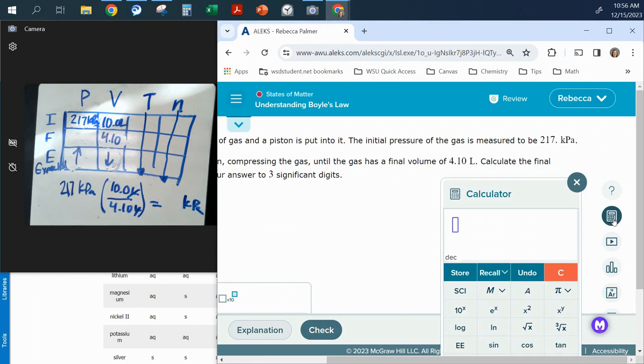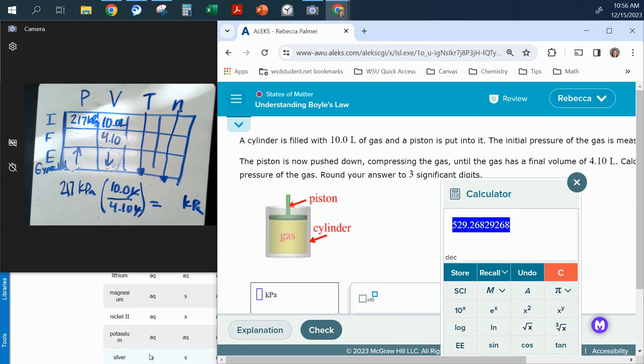So 217 times 10 divided by 4. So we should get a bigger number. They all have 3 significant digits, so we will put 3 significant digits in our answer. 529 with a decimal place.